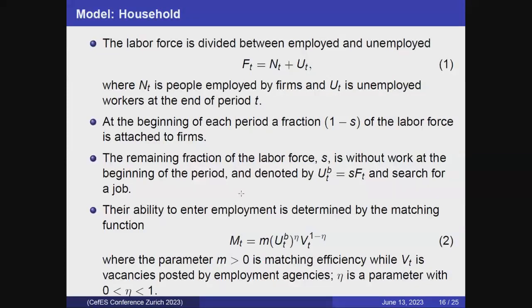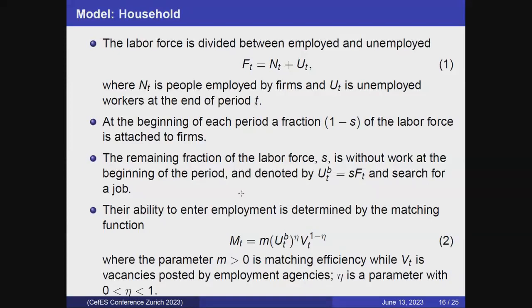So we make a simple assumption here. We say the labor force comes unattached into the period, but then a fraction, 1 minus S, is going to work, and the other fraction is going to search. This is simplifying the model a lot. So there is no dynamic in this labor decision, which is a very great simplification for analysis.